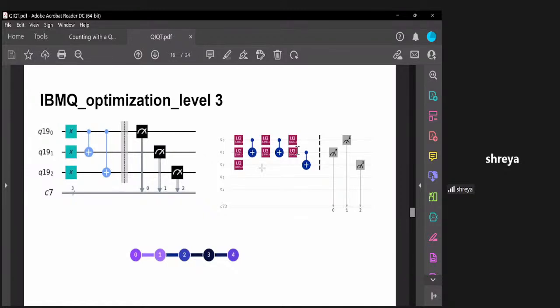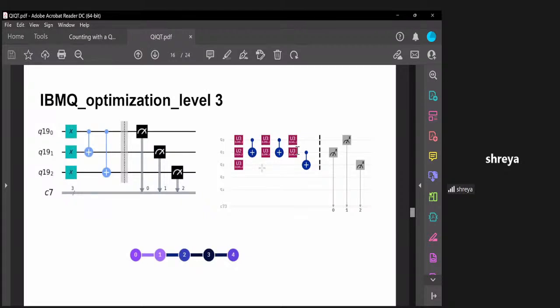So when you write your code and when you send it to the hardware, you can assign what optimization level you want to use. So there is 0, there is 1, there is 2, and there is 3. And frankly, I don't know what each of these levels actually ensures. I have played with it a bit, and I have figured out that this allocation doesn't happen in level 0.